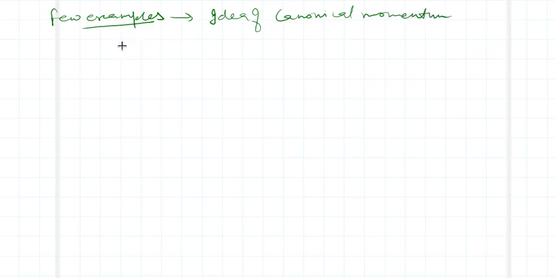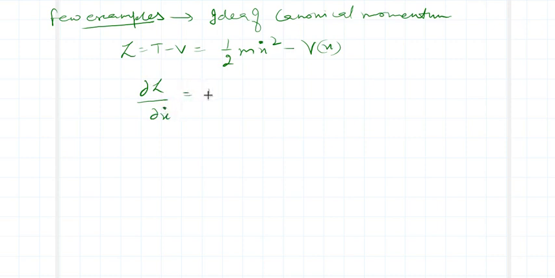As we know the Lagrangian is T minus V, which was also discussed, but now I am taking motion in one dimension. So for one-dimensional motion, T is the kinetic energy along the x-axis, and V is the potential at a particular position x. Now, if I take the partial derivative of L with respect to x dot, it can be written as m x dot, because the derivative of the potential will be 0, and this is px, which is basically the linear momentum.